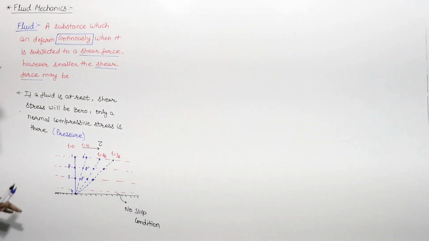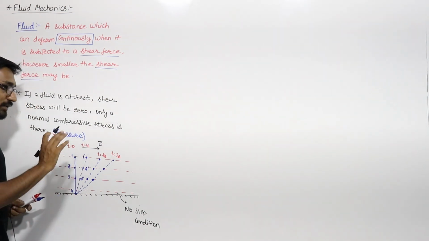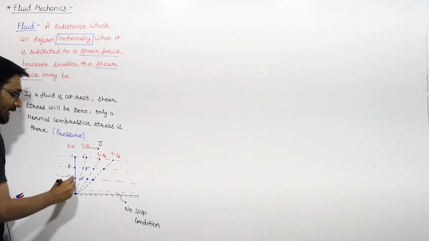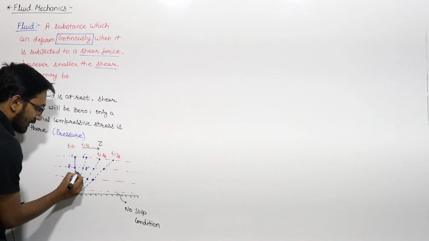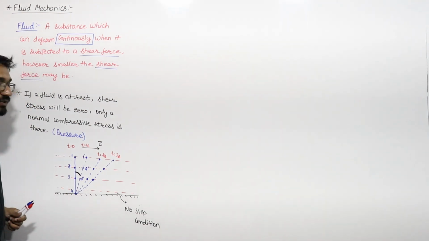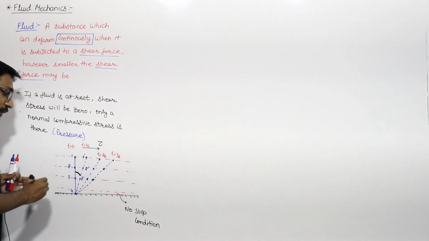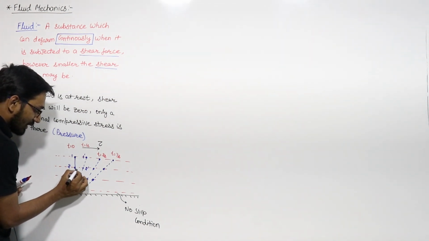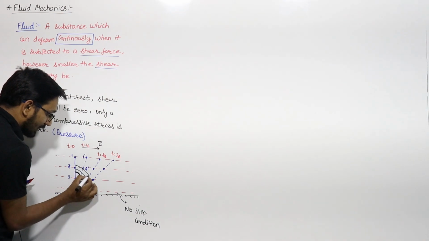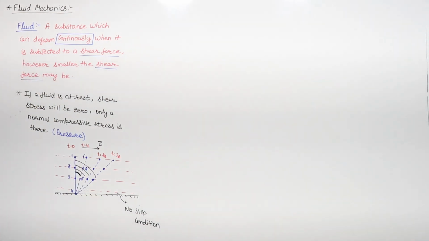So we know that this deformation, if you remember your strength of materials, this angular deformation is the shear angle or shear strain. In a fluid, this shear strain, this angle, is continuously changing with time.